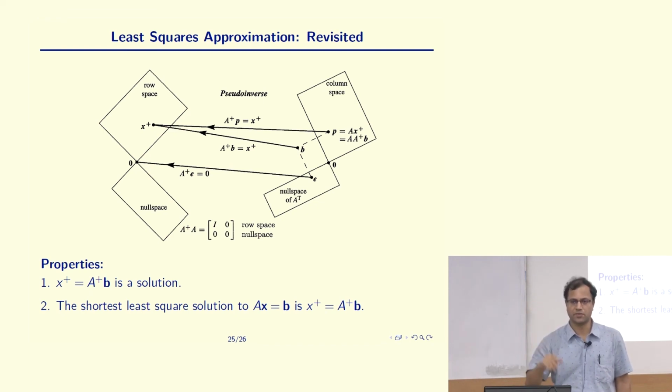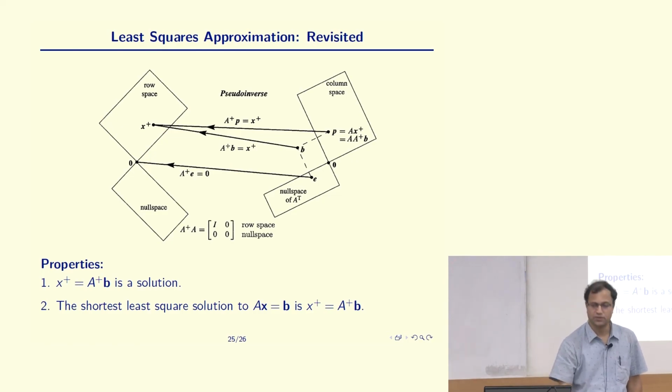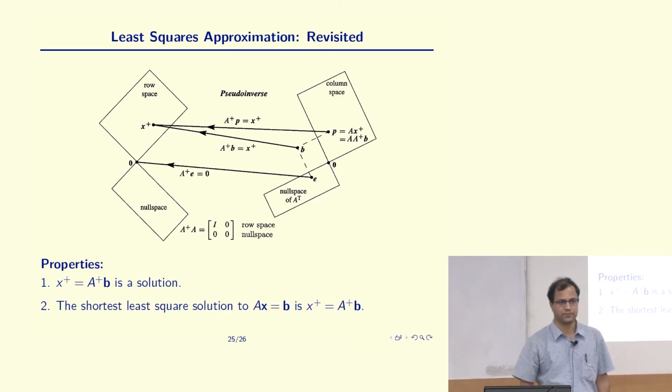That is another property you can prove. So what I want to say finally is that this is your solution when you have dependent columns in the matrix A, and you can prove that this solution has the least length.